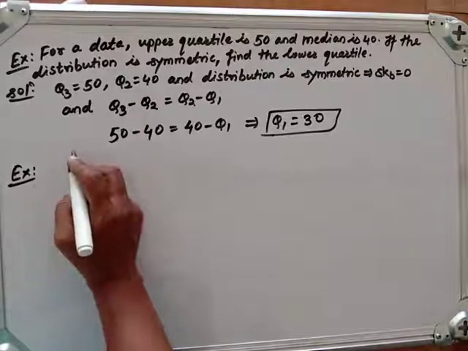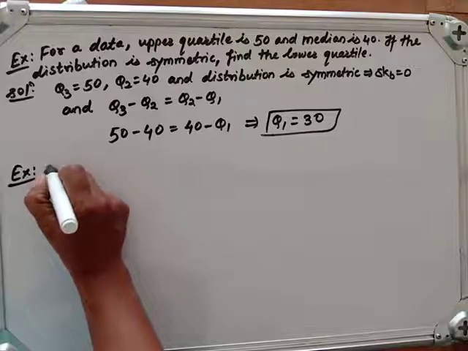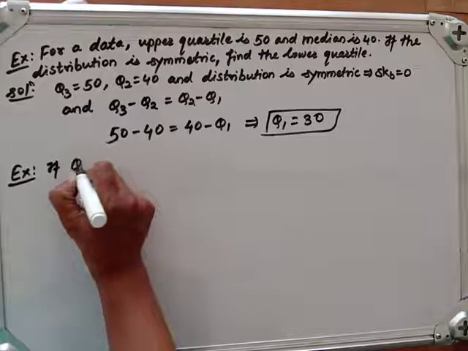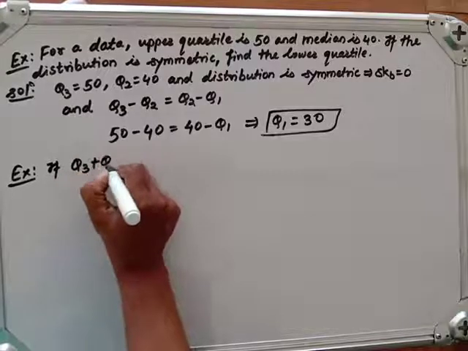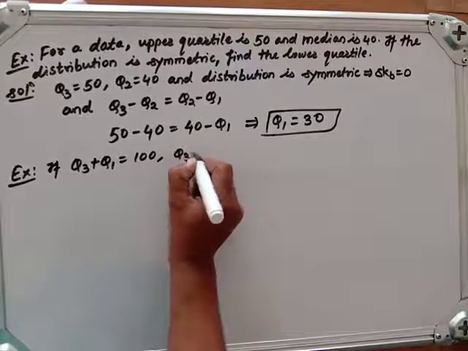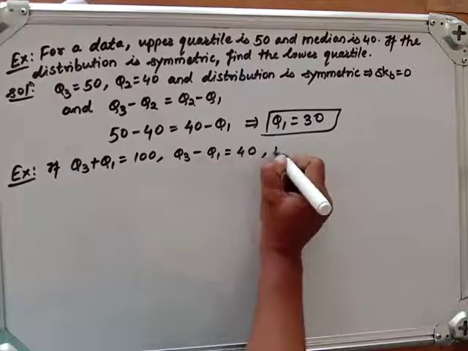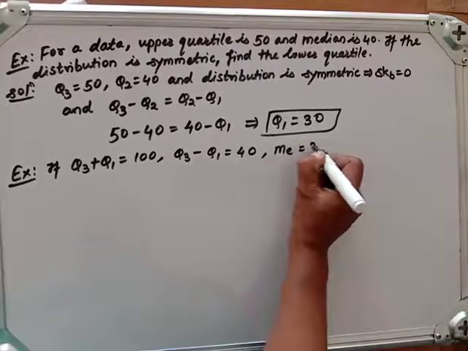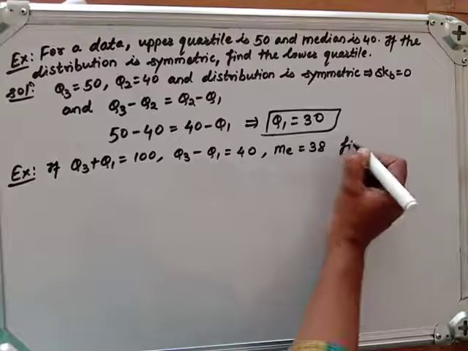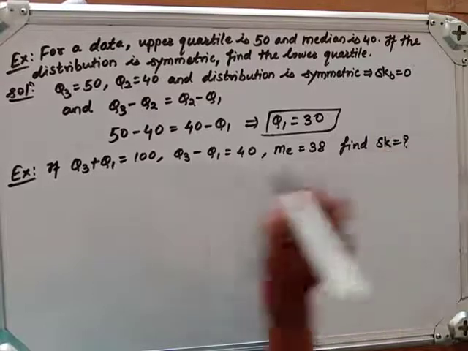Now next one. If Q3 plus Q1 is equal to 100, Q3 minus Q1 is equal to 40, and median is equal to 38, find the coefficient of skewness.